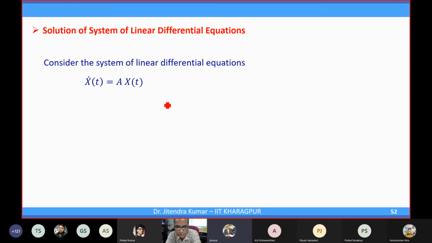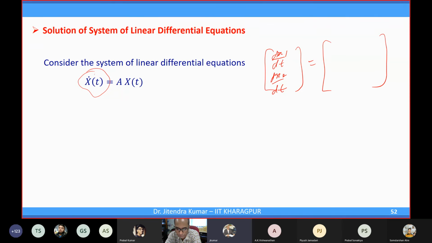So consider the system of linear equations. X dot means you have the vector of derivatives. If your variables are x1 and x2, here you have dx1 over dt, then dx2 over dt, and on the right hand side you have the system.